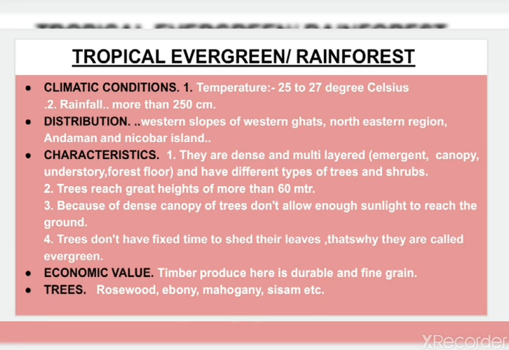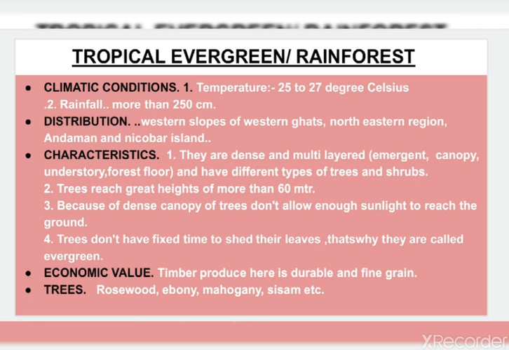Distribution: generally these trees grow in areas which experience very high rainfall, such as the western slopes of Western Ghats, northeastern region, Andaman and Nicobar Island.